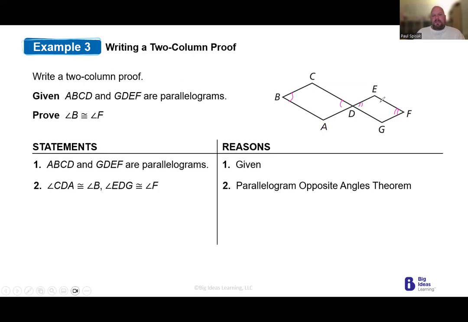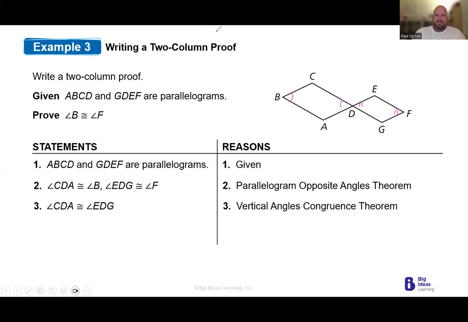Well, that's great, but wait a minute. We know that these two in the middle are vertical angles. So we should be able to go a step further and say that CDA and EDG are vertical angles. Therefore, they are also congruent.